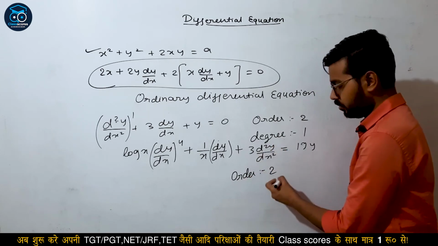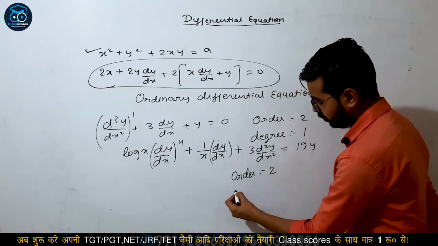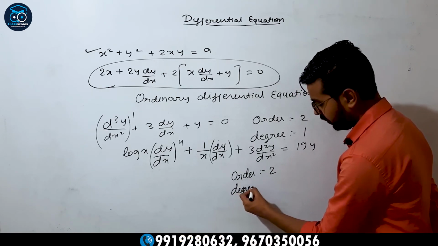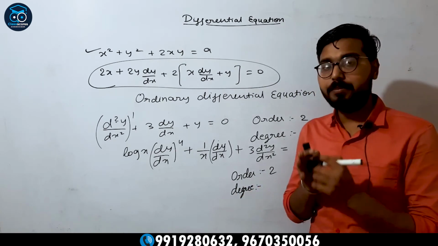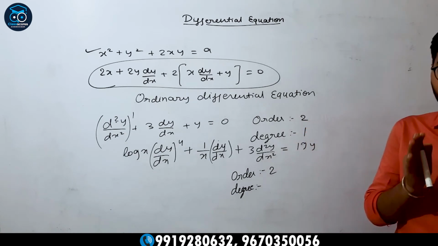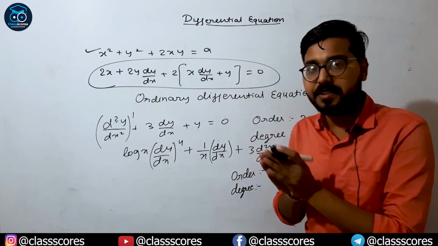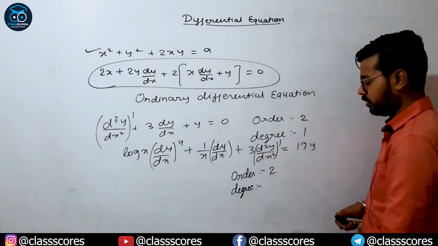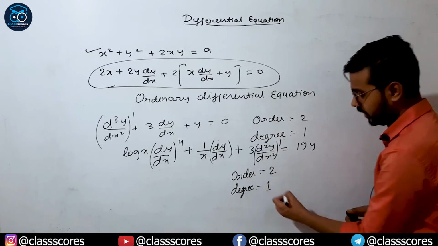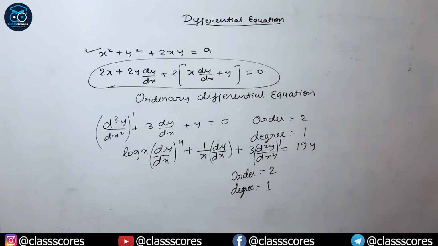Here it is 2, so the order is 2. Degree is the whole power of the maximum derivative. The maximum derivative is d square y upon dx square, and its whole power is 1, so the degree is 1. Clear? This is the basic method to find the degree and order of a differential equation.